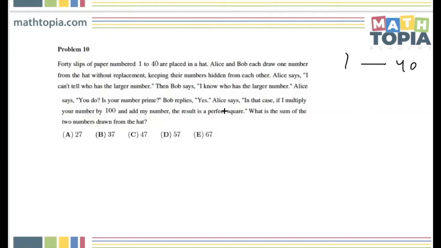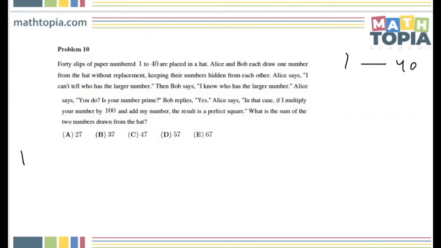So this conversation, we'll start simple, with the first sentence. Alice says, I can't tell who has the larger number. What does this mean exactly? That means Alice does not have the least number and does not have the greatest number. Because if Alice had 1, then she would be able to tell that Bob must have 2 through 40, so Bob must have the greater number.